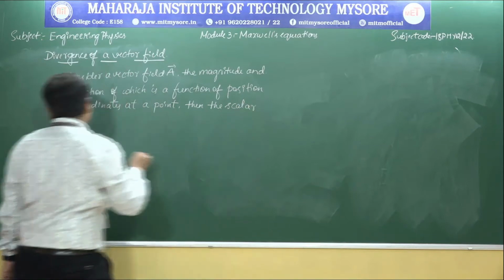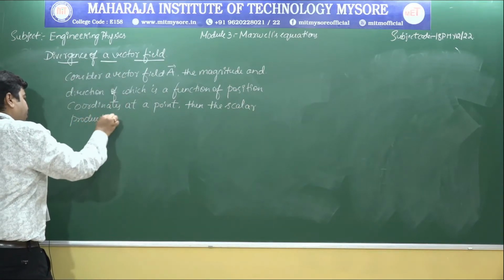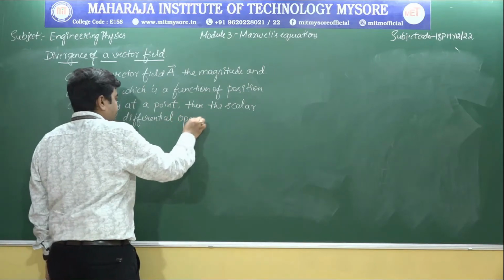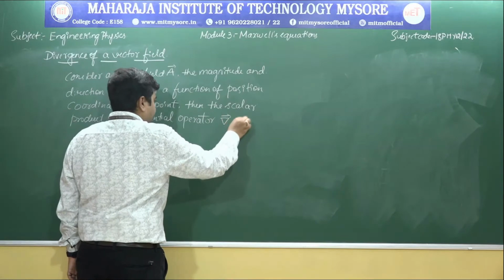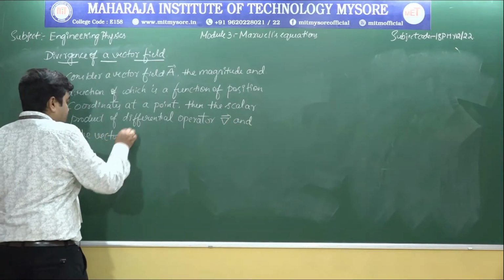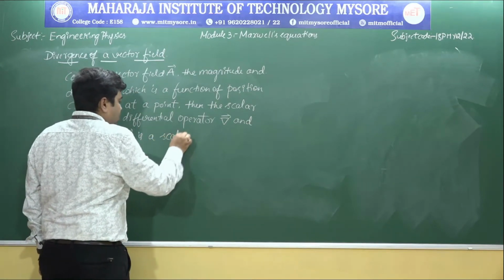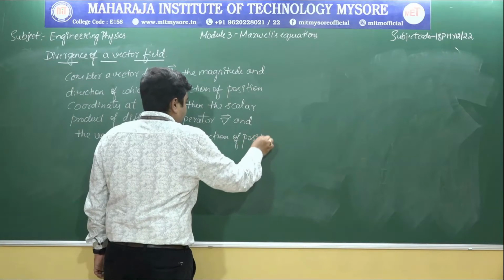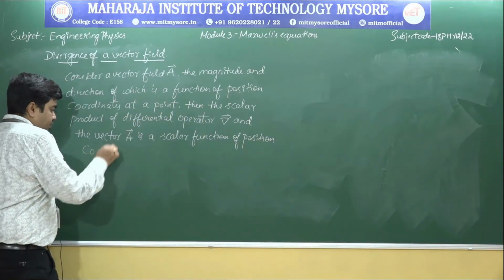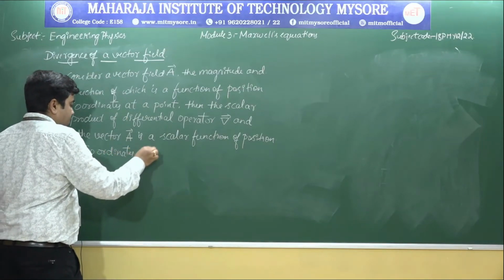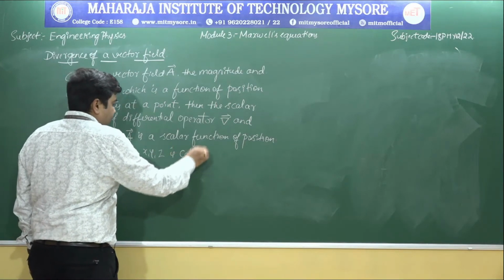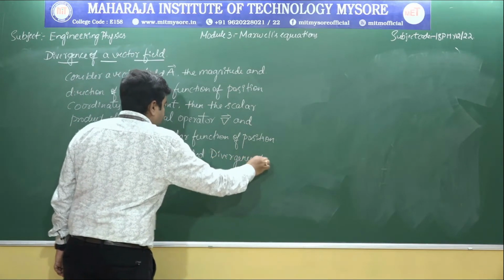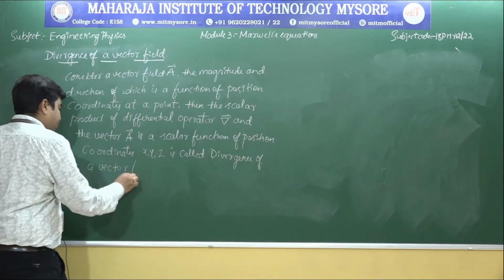the scalar product of the differential operator del and the vector A is a scalar function of position coordinates x, y and z, and is called the divergence of a vector field.